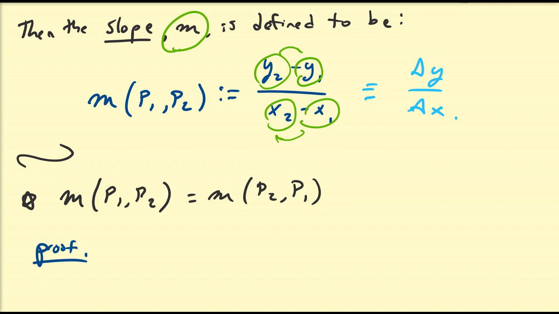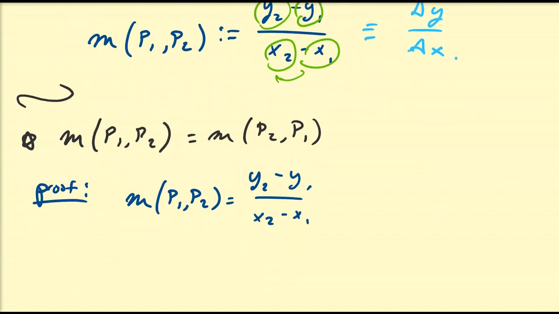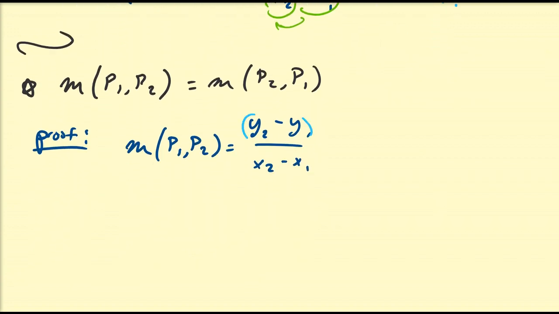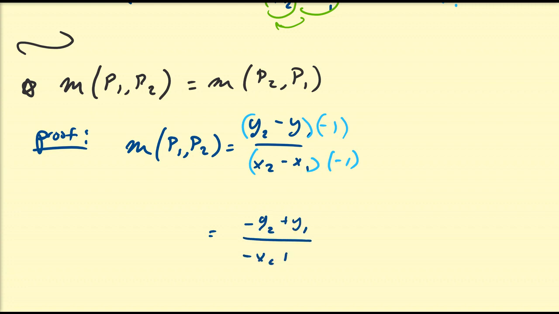So the slope between P1 and P2, by definition, is going to be y2 minus y1 over x2 minus x1. So what we can do is multiply top and bottom of this expression by -1. So this is going to give us negative y2 plus y1 divided by negative x2 plus x1.